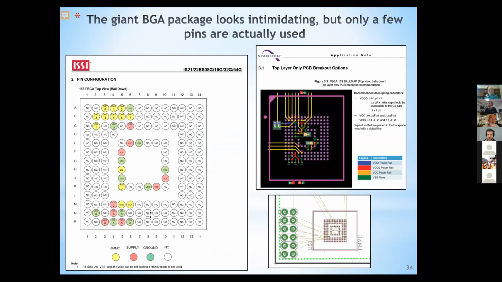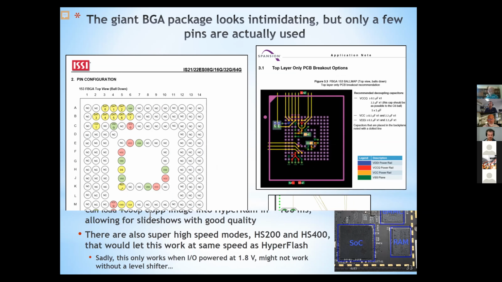If you want to add this to your own board, this thing looked pretty intimidating to me at first because there are so many pins, and it's a BGA package. But if you look close, it only uses a very small number of these pins. And you can lay this out on just the top layer, as shown over here.